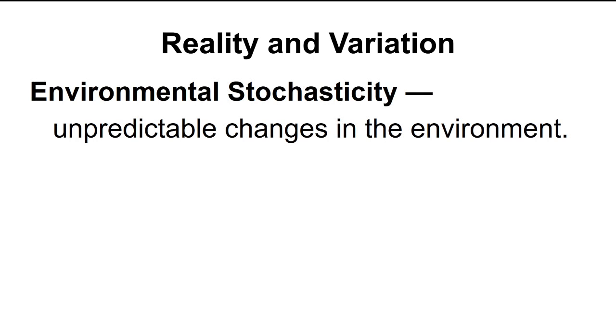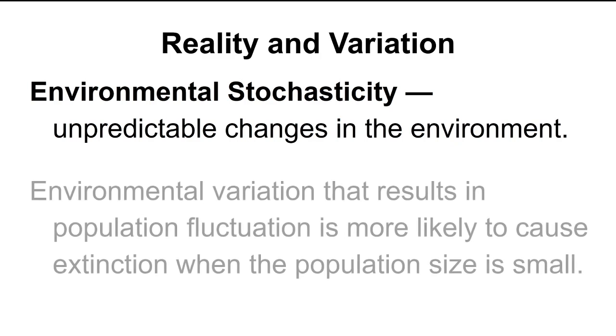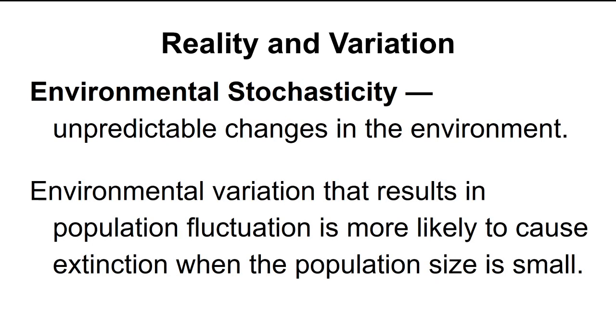So environmental stochasticity is trying to capture unpredictable changes in the environment, and we know that environmental variation that produces population fluctuations is more likely to cause problems when the population is small, and in fact to cause extinction of that population or that species if the population is small.